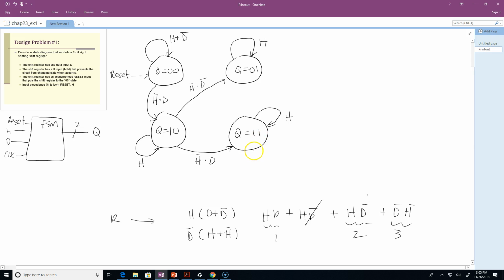Let's do this 1, 1 state here. I know there's going to be a self loop here. Oh, I already got a self loop there, so I'm not going to put another one. So it's going to stay in the state when it's held, or when it has a D coming in here. So it stays in this 1, 1 state when I'm holding, or when I'm not holding and the input's a D, I represent that with an H or D. Okay, so there might be a 0 coming in here.